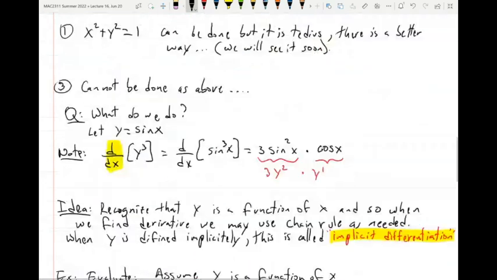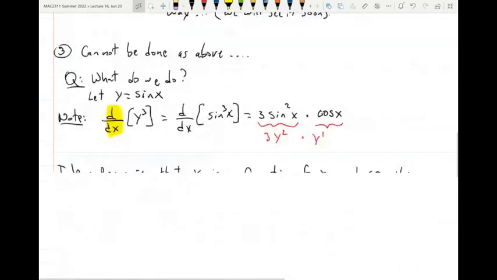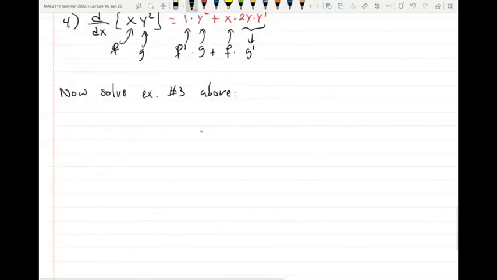Okay, so it was number 3. Let's go ahead and find y prime. Number 3 above was x squared minus 2y cubed plus 4y equals 2, right?